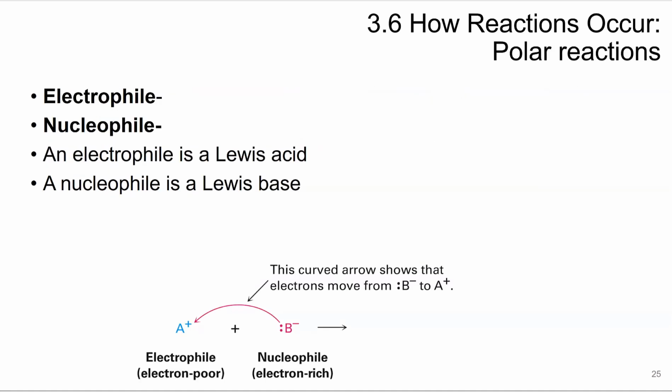When we look at reactions, especially in polar reactions, there's two things that are involved. The first one is an electrophile, which is something that loves electrons, and these usually tend to be electron poor species. A nucleophile is something that loves the nucleus. This is an electron-rich species.